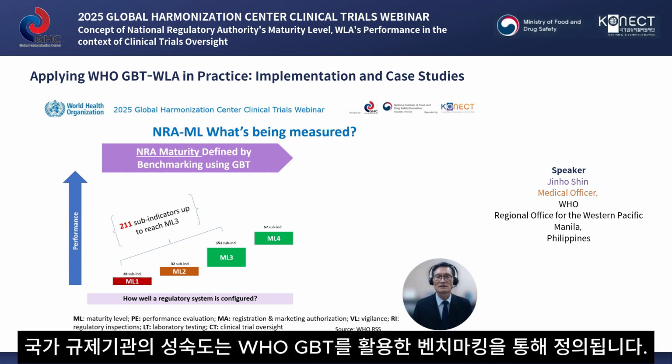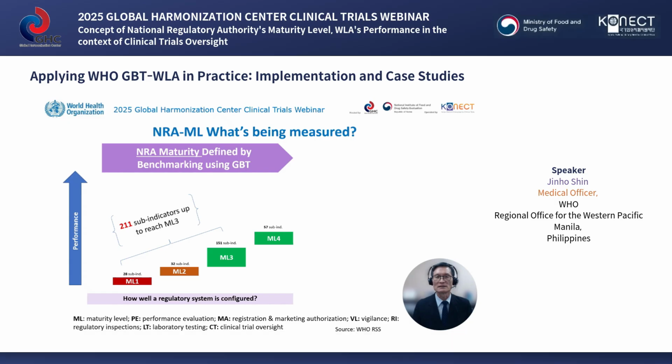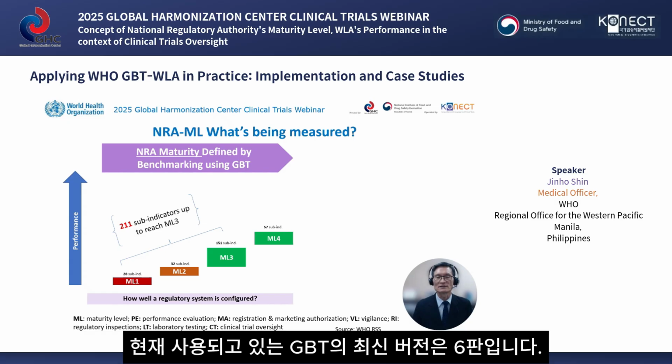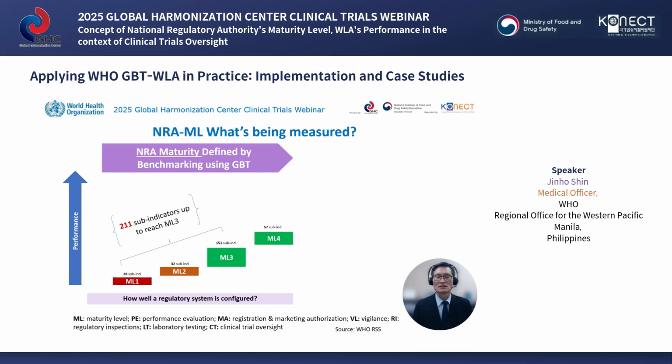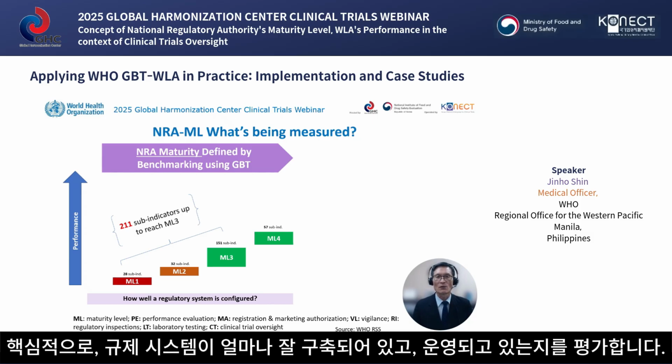The maturity of a national regulatory authority is defined through benchmarking using the WHO GBT. The current version is 6. So what's being measured by GBT? Essentially, we assess how well a regulatory system is set up and operates.